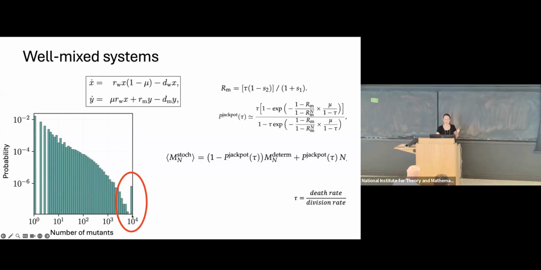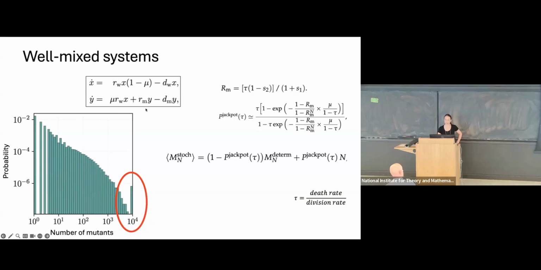But look at this here. It's 10 to the 4 mutants, so everybody is mutant. Why is that? It's because at the beginning, some cell mutated and replaced everybody. So it does happen. And so we can't ignore this. So our talented postdoc, Samrat Mondal, derived an expression that takes into account exactly this.